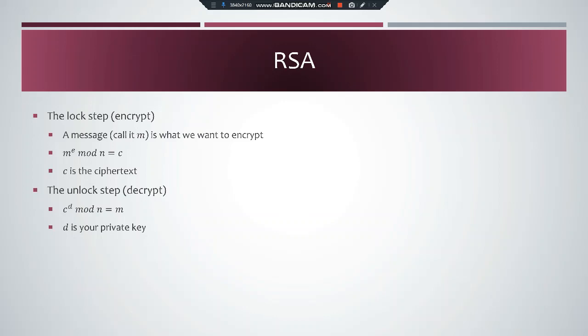To unlock it, the recipient would then take this ciphertext, raise it to the private key, which only they have, someone else having encrypted it with their public key, and you do an operation mod n on it, and you would get back the message. I do need to clarify that in multiplying C by itself, e number of times or d number of times, you are wrapping this number around n, so that n is the finite field, and that's where the mod n comes from.